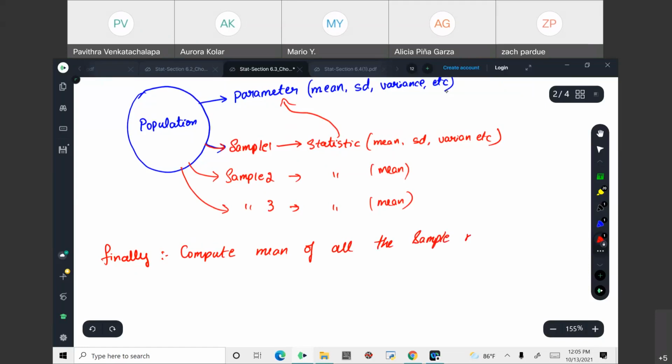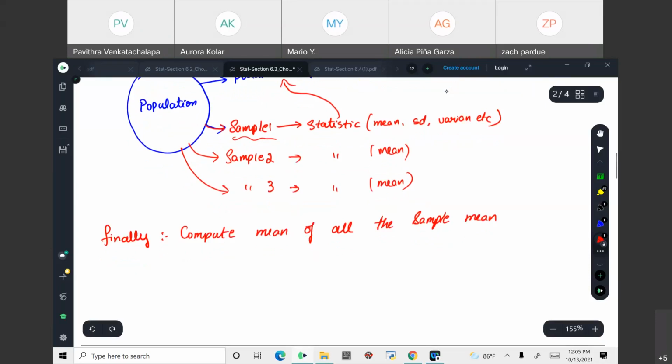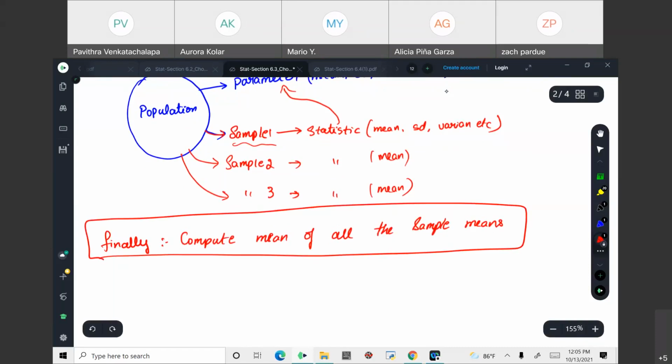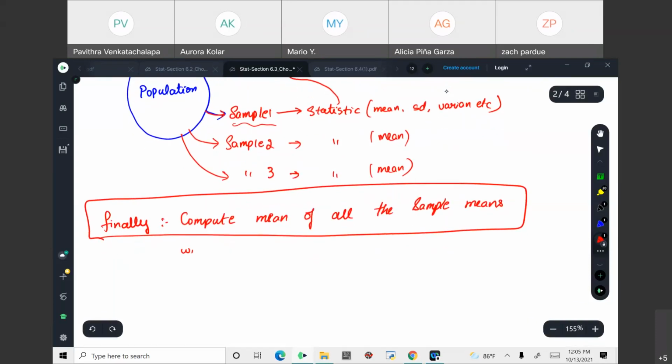Now what is a sample mean? The mean from the sample is called the sample mean. Very easy to understand. So compute the mean from all the sample means, and this mean will be equal to, or close to, the mean of the population.